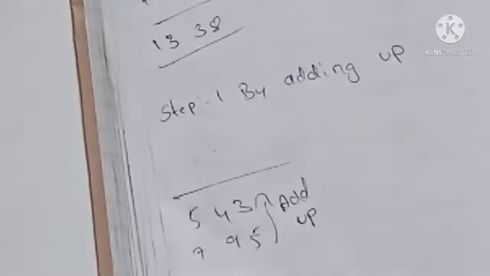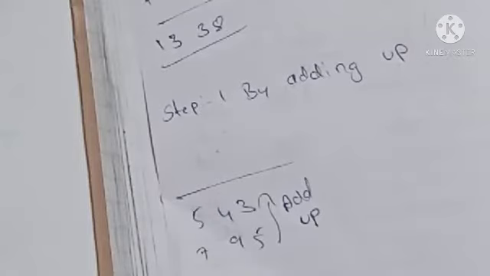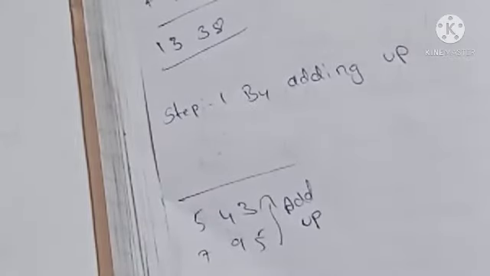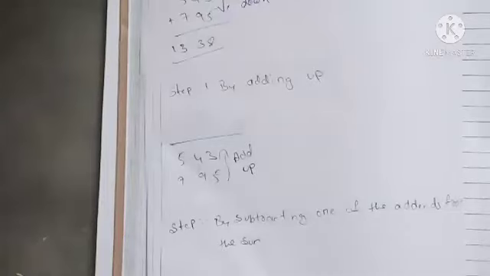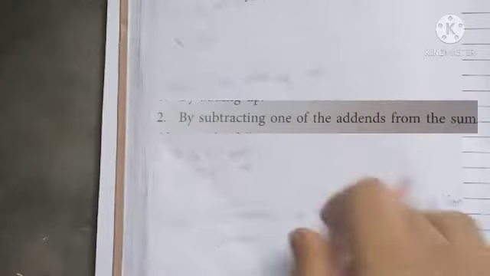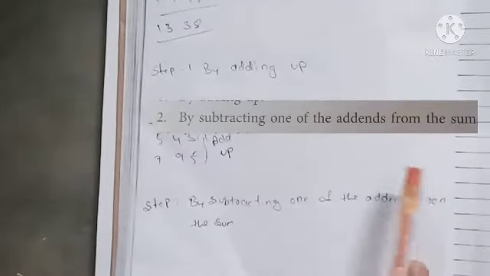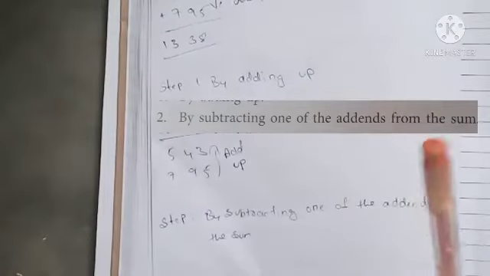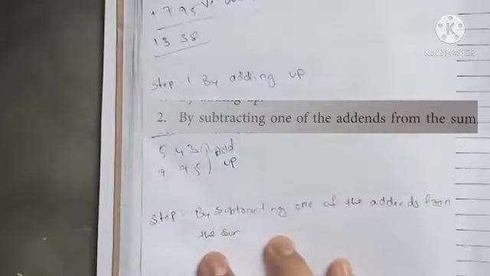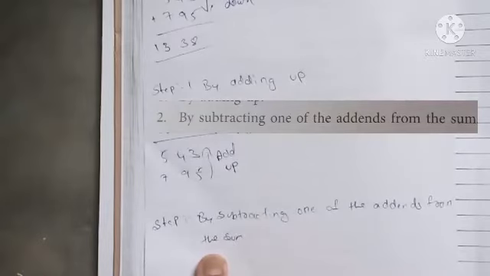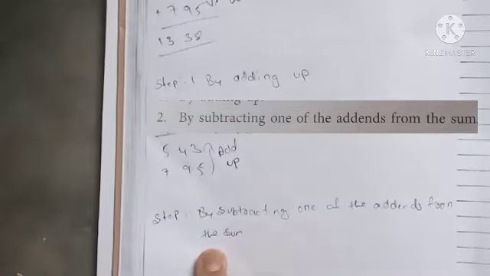Now let's move on to step 2. I think it has been displayed on the screen. If you cannot understand here, that's why I'm sharing my screen also. The second step is by subtracting one of the addends from the sum.